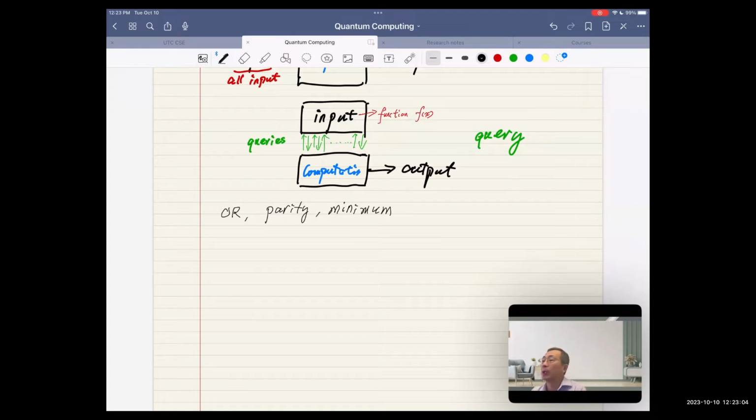For example, the parity can be just even and odd, and very often the parity problem can be solved by the XOR operation.